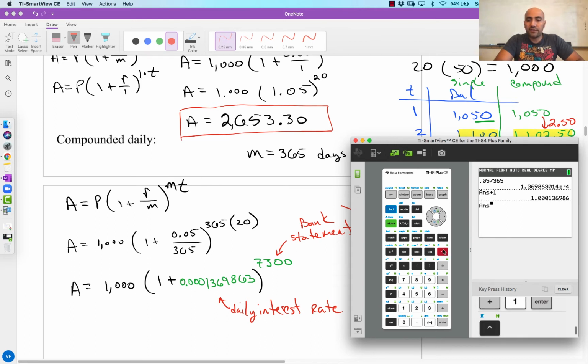So the previous answer, raised to the power of 7,300, gives me that number. And then that number gets multiplied by 1,000. And that's the number I land on, 27.18. And then just to round, we'll say 10 cents. 27.18 with 10 cents.